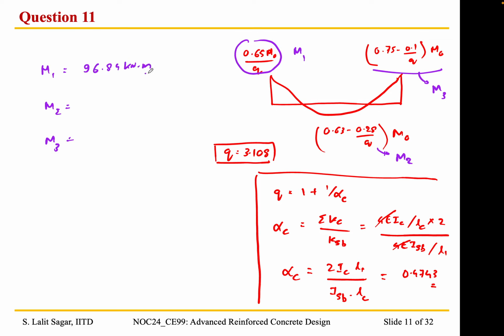That is the negative moment at the exterior support, and the positive bending moment at the midspan, that is M2, I got it as 250.01 kilonewton meter, and the negative bending moment at the interior support, that is M3, equal to 332.39 kilonewton meter.